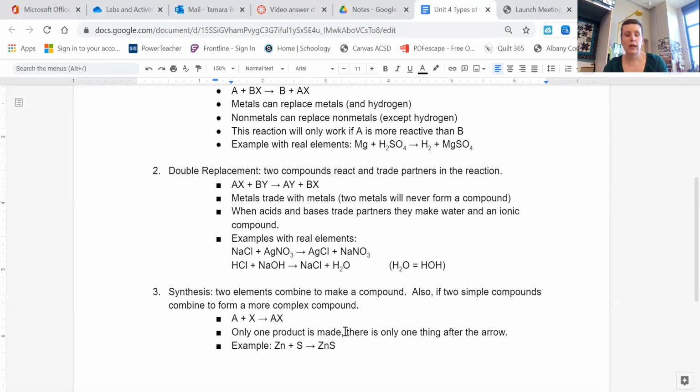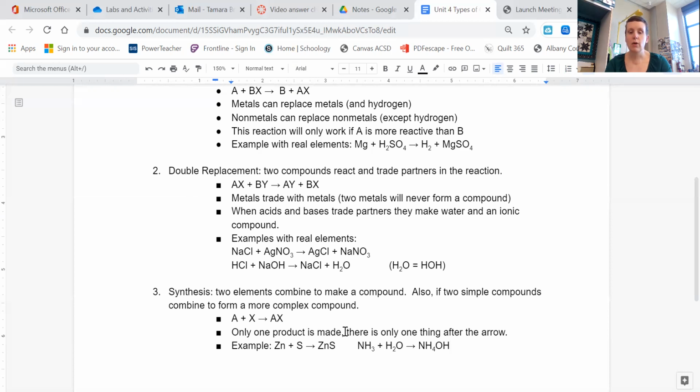Okay? All right, another example would be if you have NH3. That's a simple compound. And we add it to H2O. Those 2 simple compounds will combine and they will create a substance called ammonium hydroxide, NH4OH.